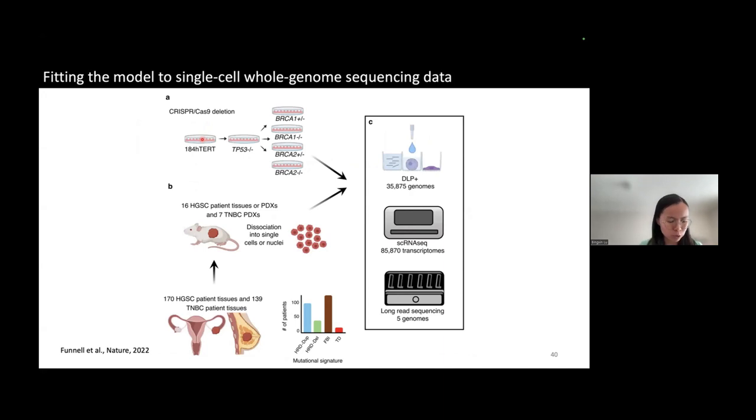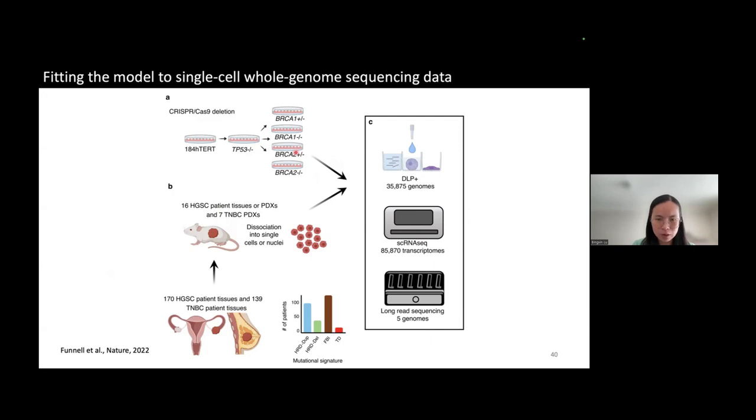Next, we want to show the utility of our model in fitting real data. In a recent study, the researchers generated a lot of single cell data for cancer patient-derived xenografts and also cell lines with TP53 and BRCA1 or 2 gene knockdown.